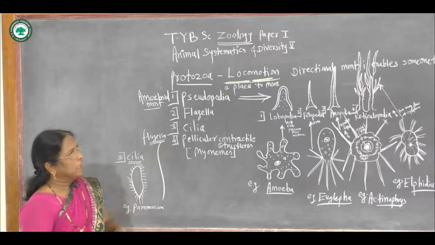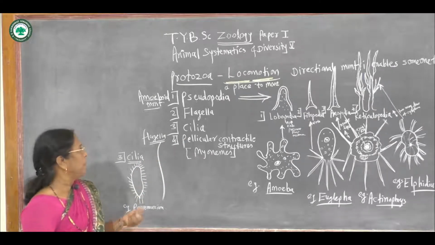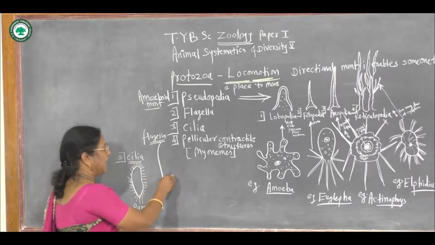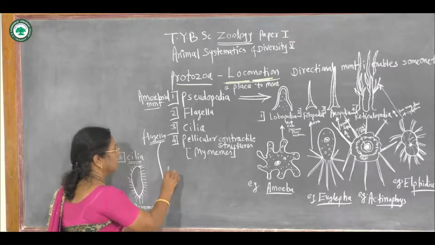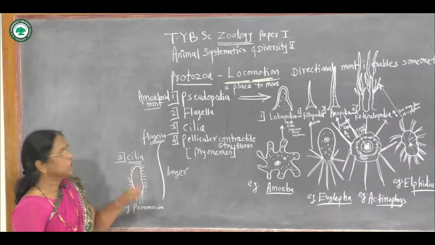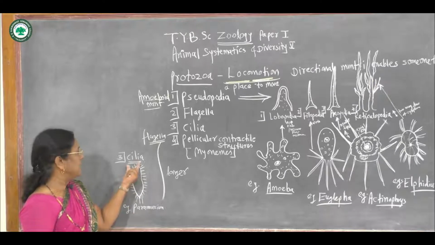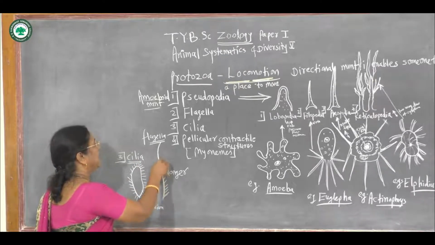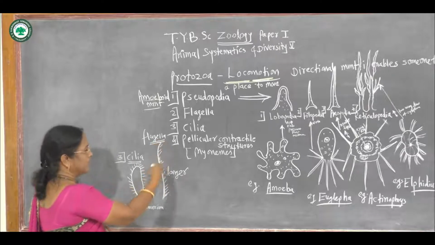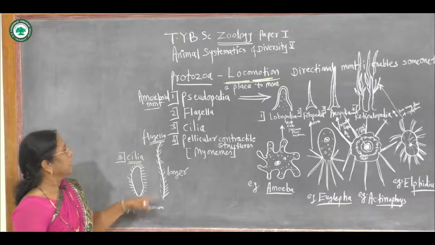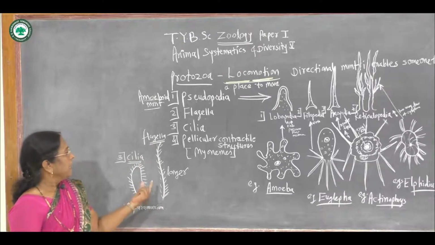But in case of Euglena or Trypanosoma, flagellum is single and elongated or longer. Mastigonemes are absent in cilia, but in flagella mastigonemes may be present in one row, on one side, or on both sides.